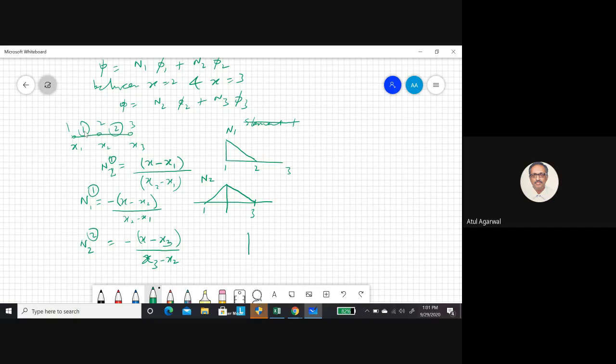Similarly for N3, so this is our N3. In element 1, it is having all 0 values. Its value goes from 0 to 1.